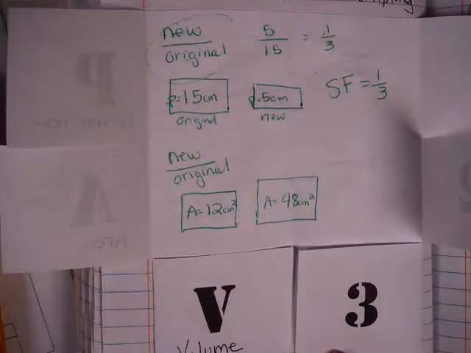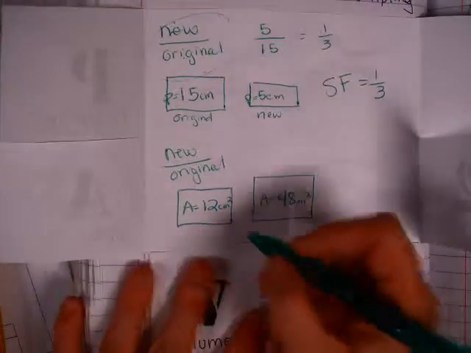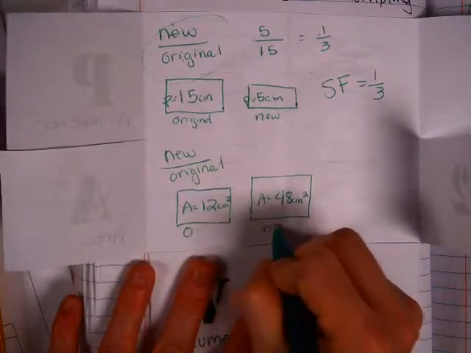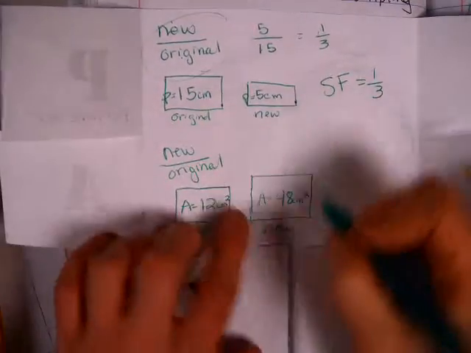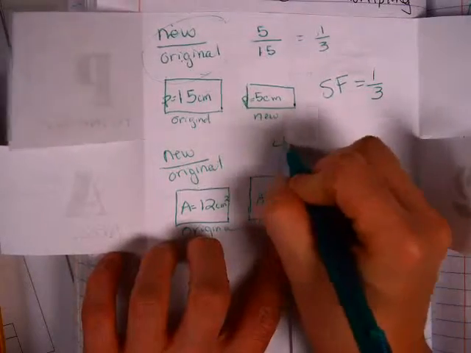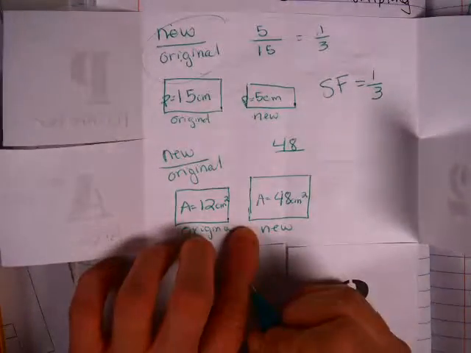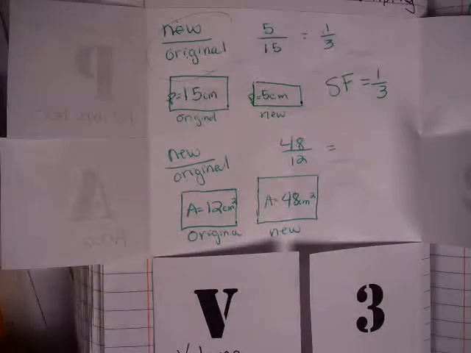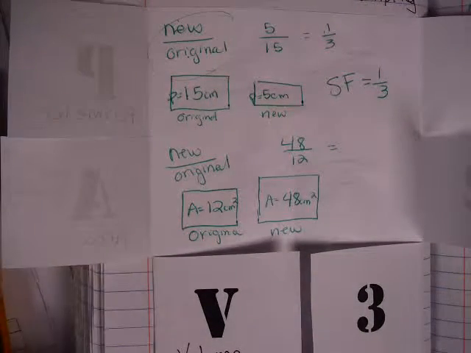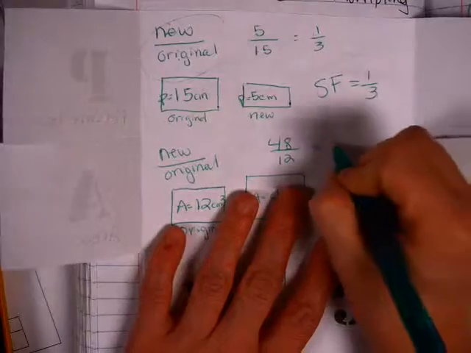Okay? So, again, this is the original, this is the new. So it's new over original. So it's 48 over the 12. You put that in your calculator, 48 divided by 12, and you get 4.